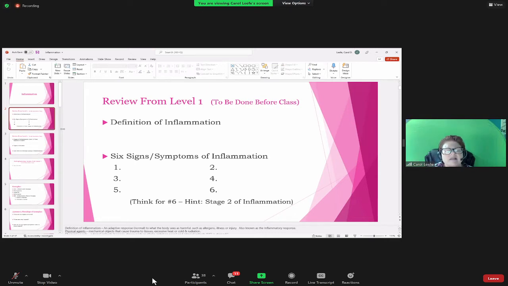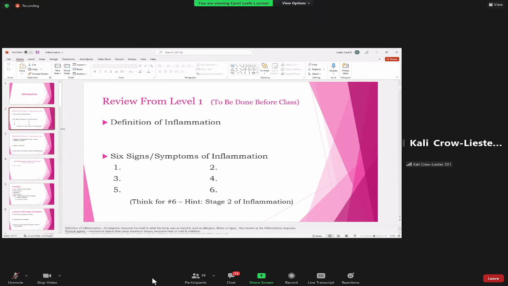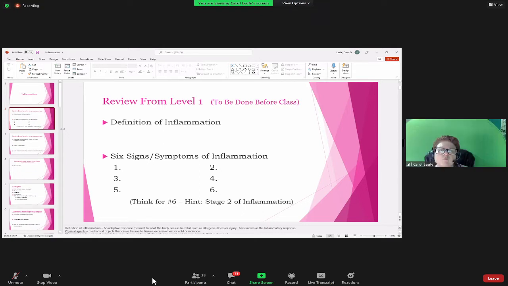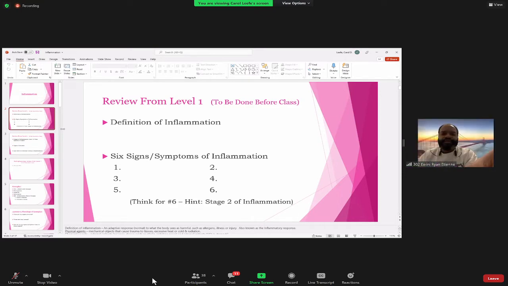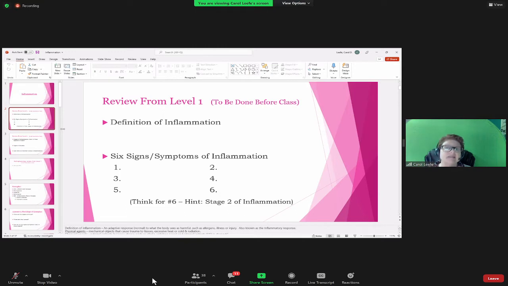So where does the fluid leak into? The tissue outside of the vessels. Okay, which is where? The interstitial spaces. There you go, the interstitial space, where it's not supposed to be, right?